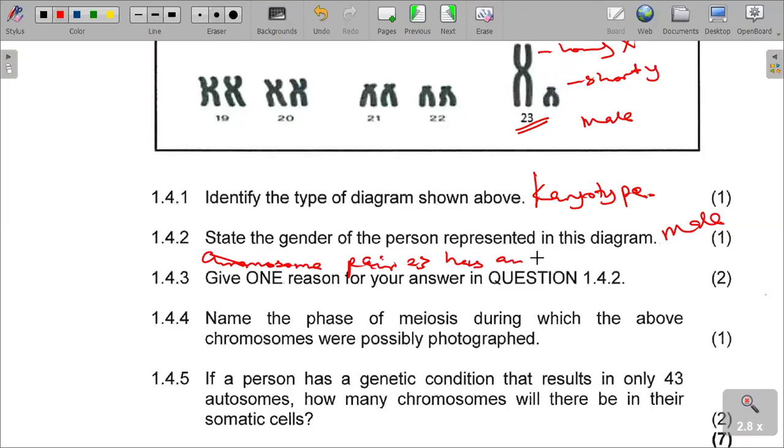One large and one small chromosome, not of the same size, are shown by a long X and a short Y chromosome.